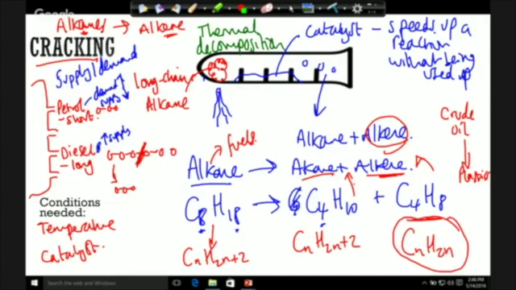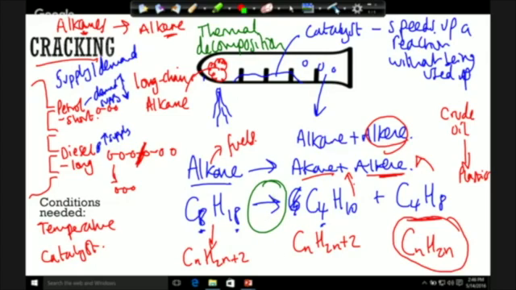Thermal decomposition means breaking down with heat, just like you would have seen the thermal decomposition reaction in the limestone cycle. So here we're breaking down this long molecule into two smaller ones. You can see it's not reacting with anything. That is a sign that it's a thermal decomposition reaction, because it's simply just breaking down when you heat it up.